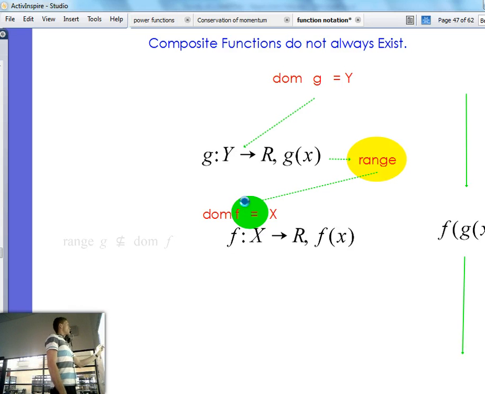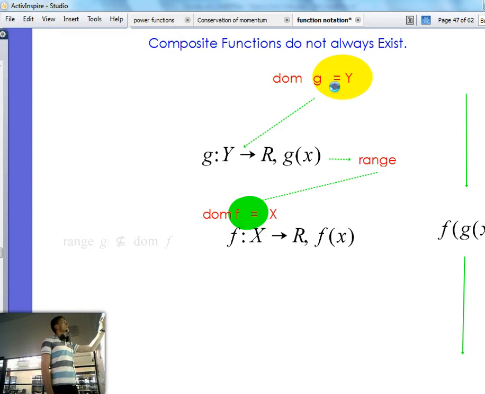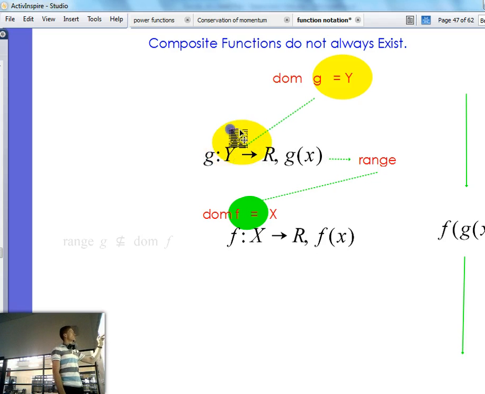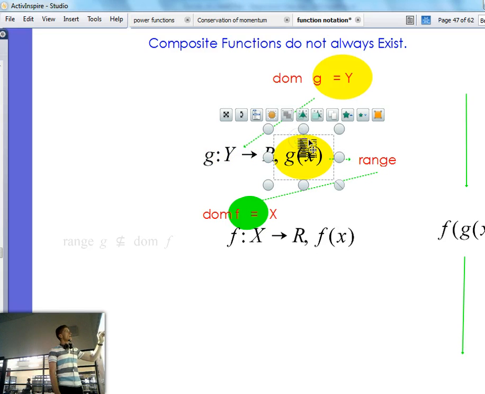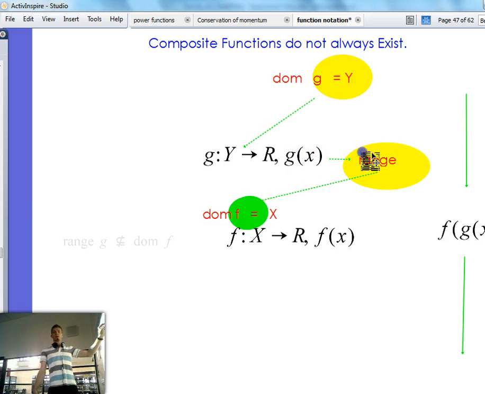So let's put him back. Hang on. Get rid of you, put you back up there. All right. So look, here's our domain of g, and it's a little bit bigger. So that's our set of allowed x values that g can have. When it gets put into the g function, it gets mapped into a different set, sometimes a larger set, and that becomes the range.